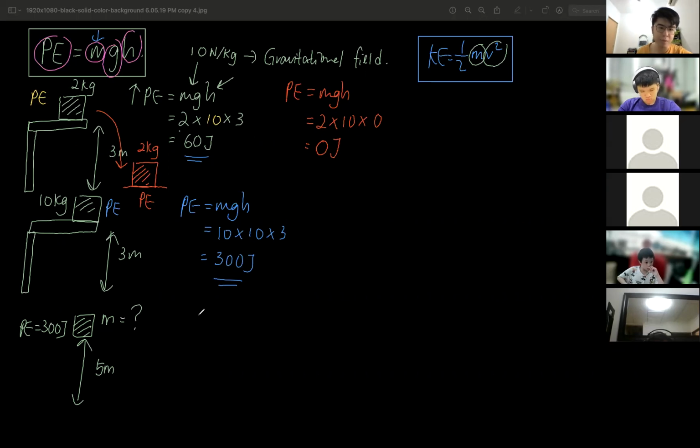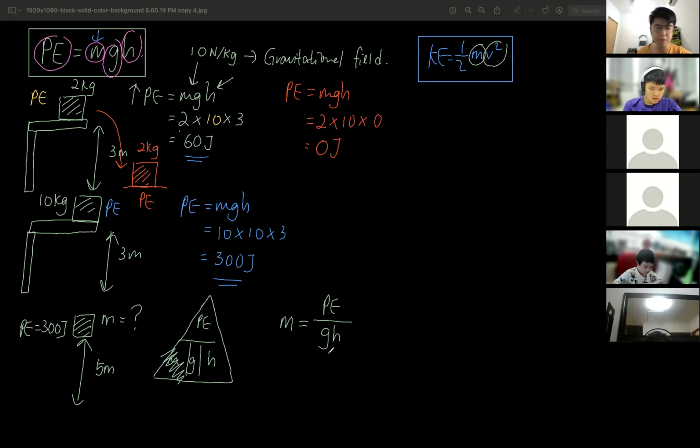So you need the triangle here. PE, mgh. We are finding the m. So cover up this one, write it at the left-hand side. So it goes to 300 over PE over gh, 10 times 5. It goes to 300 over 50.